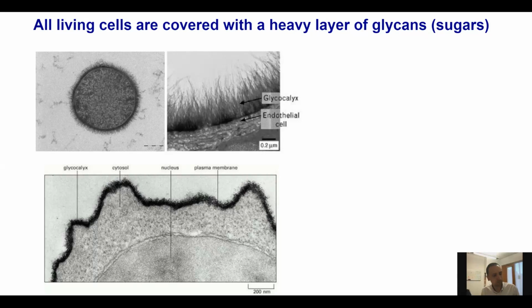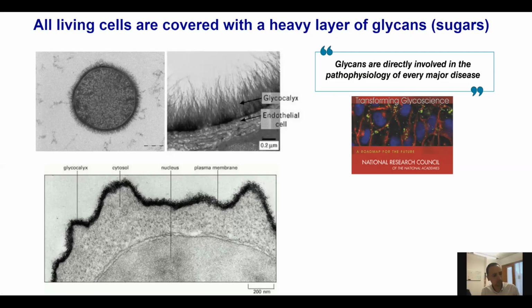I usually like to start with this very simple fact, that every single living cell on Earth is covered with a heavy layer of glycan, sugar, on their cell surface. In the last few years, there have been many advances in the field of glycobiology that make it clear that these glycans are biologically active molecules that can impact several immunological functions during many diseases, including cancers.